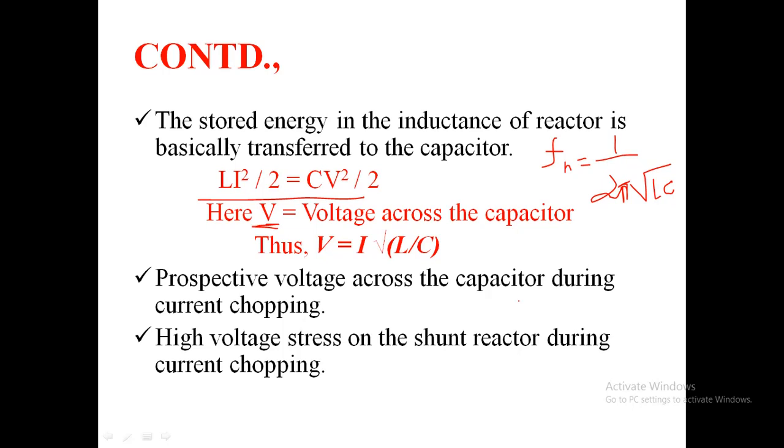So the rise of voltage before restriking is very important in the interruption of inductive current. This is the concept to find the voltage across the capacitor during the chopping.